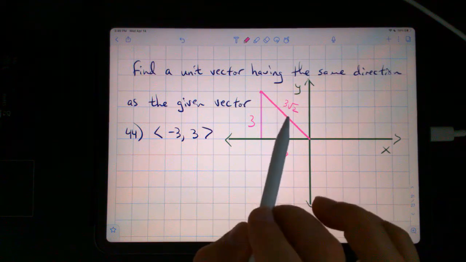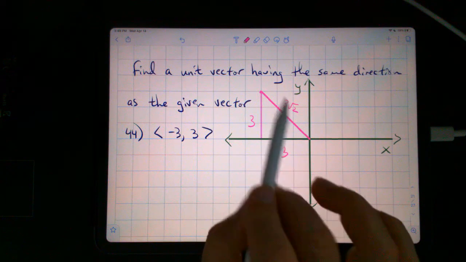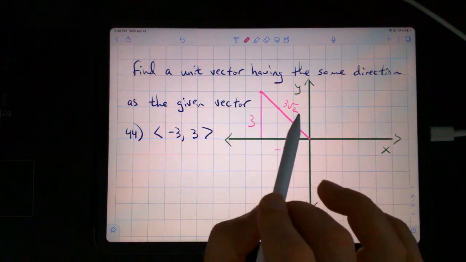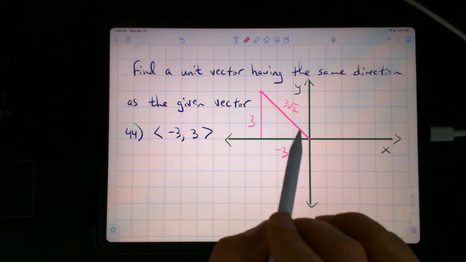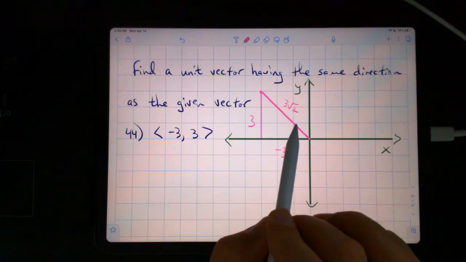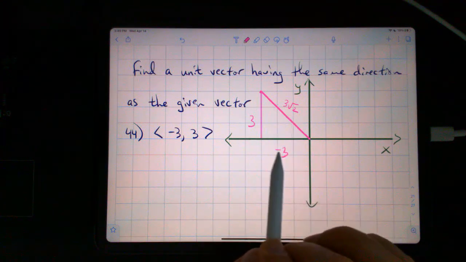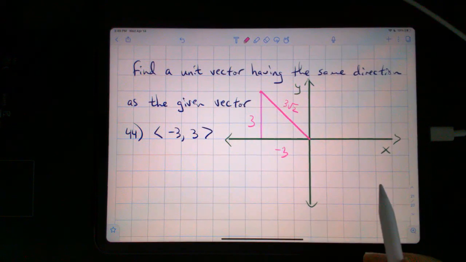And then to have a unit vector, that's going to divide everything by this 3 radical 2. So 3 radical 2 divided by 3 radical 2 gives you a hypotenuse of 1. And that works if you also divide all of the other components by 3 radical 2.